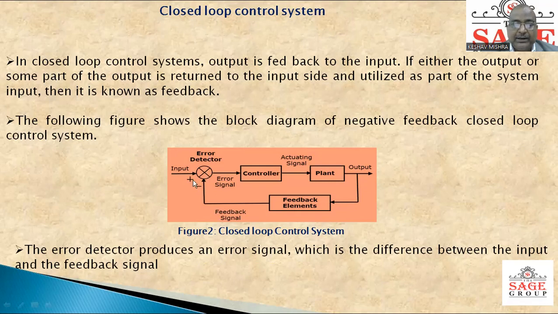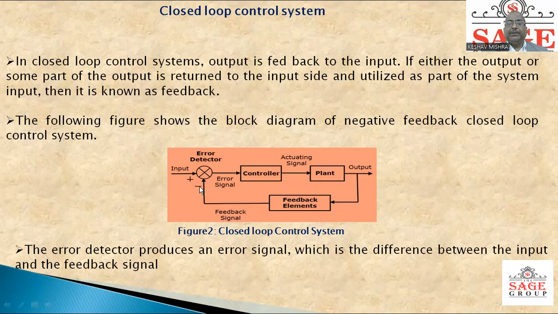There is a minus sign and this is a plus sign, indicating that feedback is given in a negative way. There are basically two types of feedback. One is called positive feedback, where we replace this minus with a plus sign, and this is negative feedback, where we are subtracting the signal in this way.